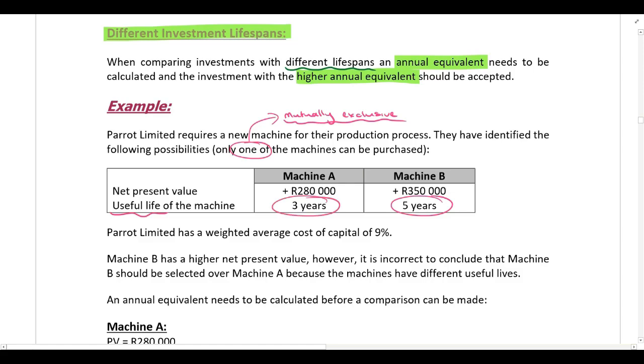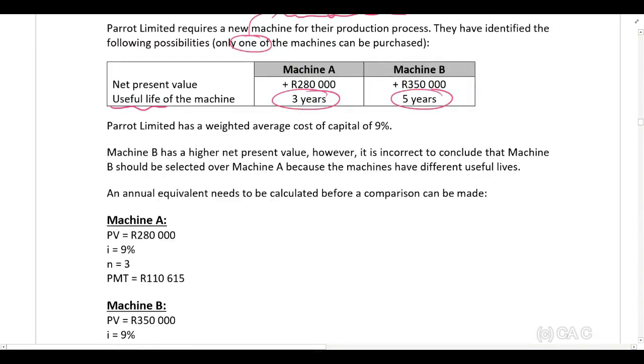So because we are dealing with investments that have different lifespans, we need to calculate an annual equivalent. And only after we've calculated the annual equivalent, we can then determine which machine the company should invest in. So please note a little bit of additional information: they have a weighted average cost of capital of 9%.